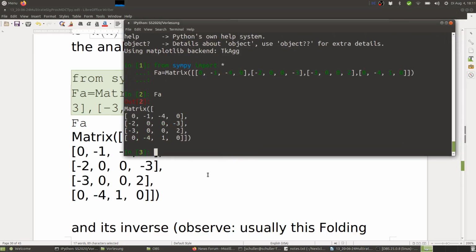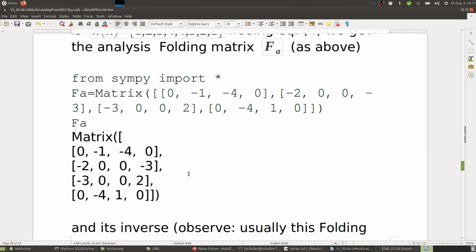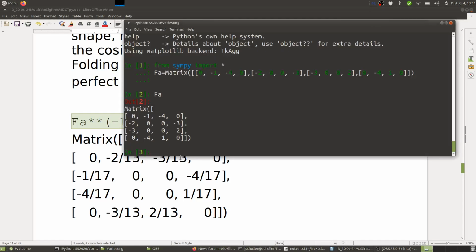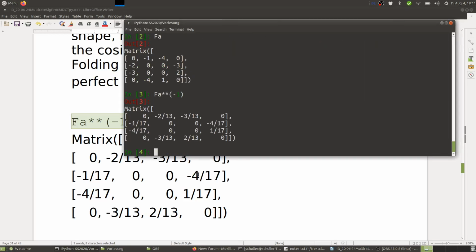So here's the Fa. Yeah, exactly. So this is then my matrix here. And now we can obtain the inverse as Fa to the power of minus 1. Right, so paste it, and this is then the inverse.